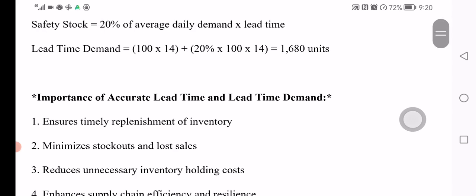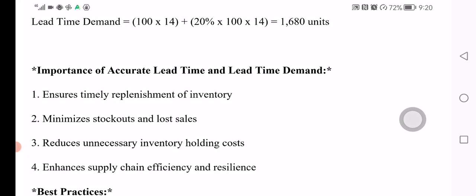Importance of accurate lead time and lead time demand. How much importance do lead time and lead time demand have? First, it ensures timely replenishment of inventory. When you accurately and precisely calculate lead time and lead time demand, you can ensure timely replenishment.